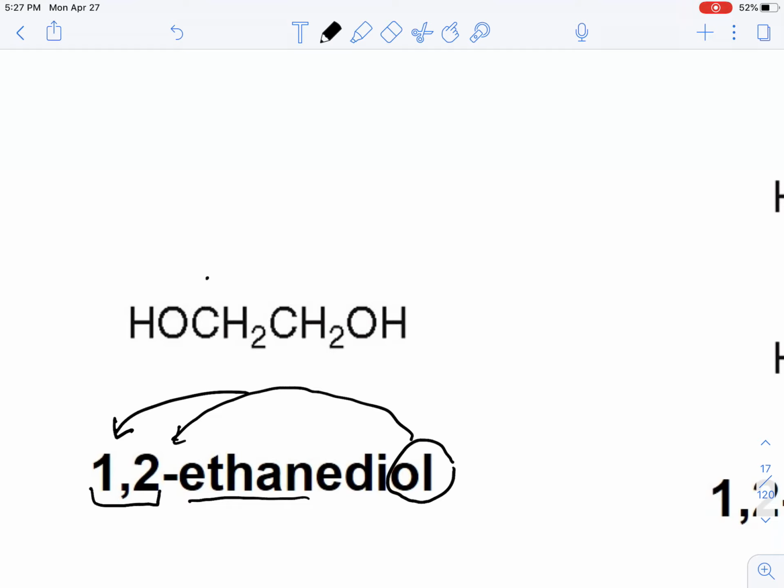And so I'm just going to arbitrarily say that this is 1, this is 2. So notice that there is an alcohol attached to carbon number 1 and another alcohol that's attached to carbon number 2. And so you will say 1, 2. Remember, we have to put a comma between the numbers. So this is 1,2-ethanediol. And so we have 2 alcohols, and it's on position 1 and 2.